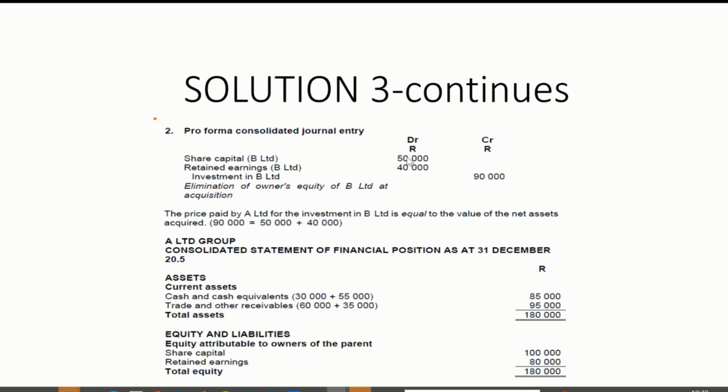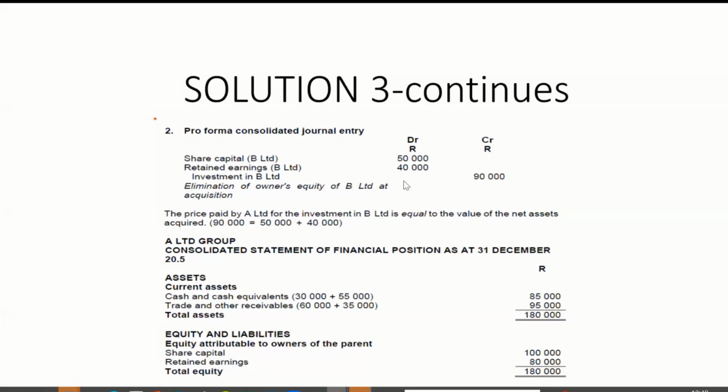Why is it only 80,000? Because we eliminated the 40,000 belonging to the subsidiary, because it was part of the equity. Initially we combine, so we combine 80 plus 40 to get 120.